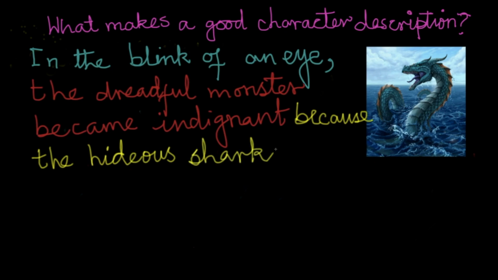What did they do to this monster? Sliced. This is a powerful verb here. What did they slice? The mammoth tail.